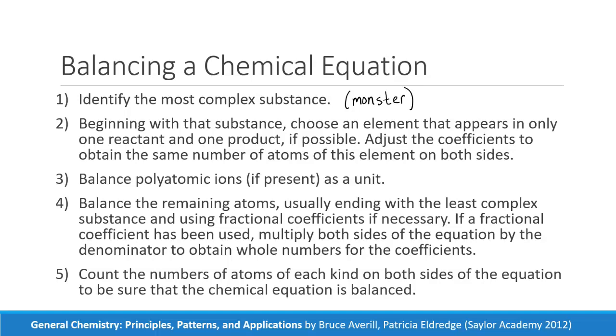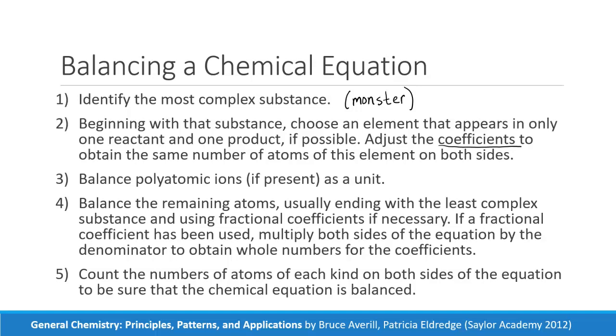Okay, and then once we identify the monster in that chemical reaction, we're going to choose an element that appears in only one reactant and one product if we can. And we're going to adjust those coefficients in order to get the same number of atoms on both sides. And remember that the only thing you can change in a balanced chemical equation are those coefficients.